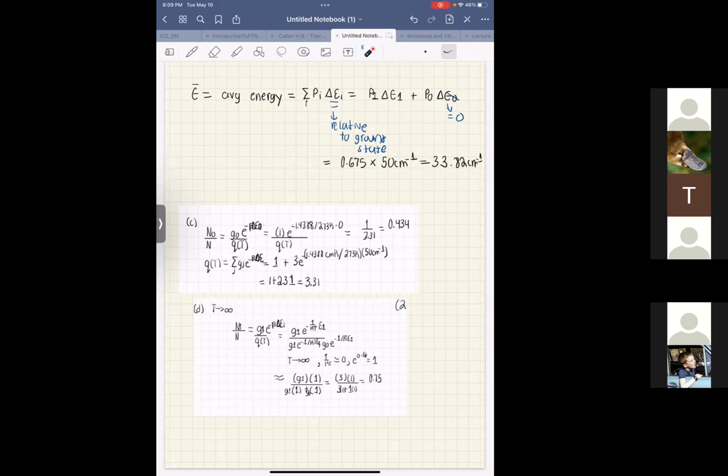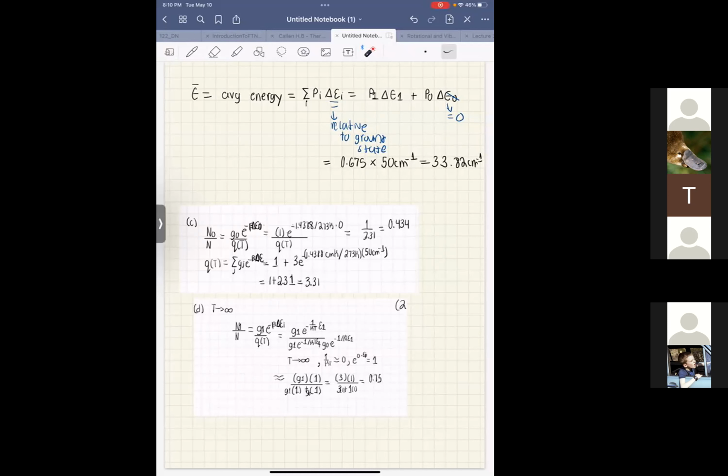I don't know why you're doing the Q of T, but on the sample answer it's just G0 over G0 plus G1 times e to the negative delta V over T.